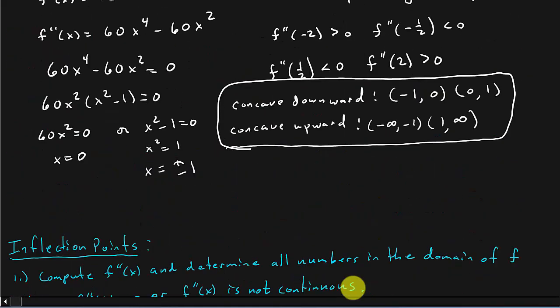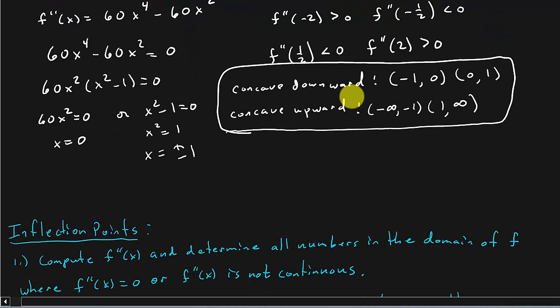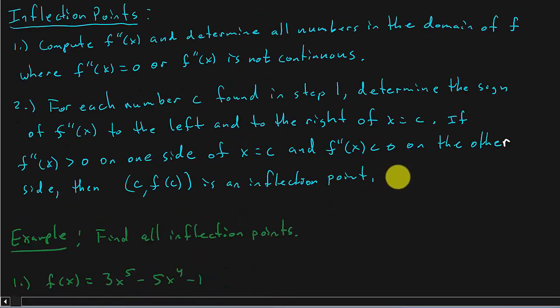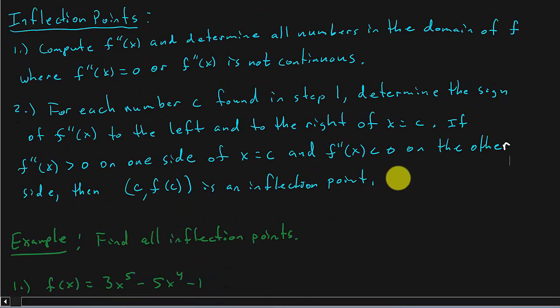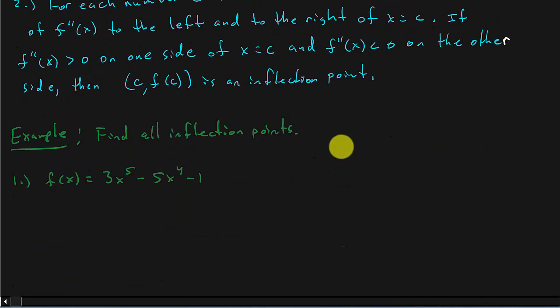But this number has to be in the domain of the function, or it wouldn't be a point there because the function would be undefined there. So notice what it says: compute f double prime and determine all numbers in the domain of f. The function has to be defined there in order for there to be an inflection point.